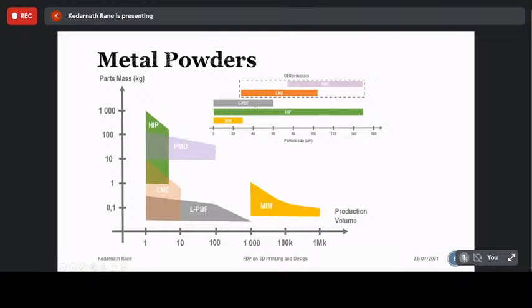But when it comes to other processes like laser powder bed fusion or electron beam powder bed fusion, we are using a powder size which is less than 60 microns. For HIP, it is a completely different application and process, which we are not going to cover. But when it comes to metal injection molding, we are very specific.